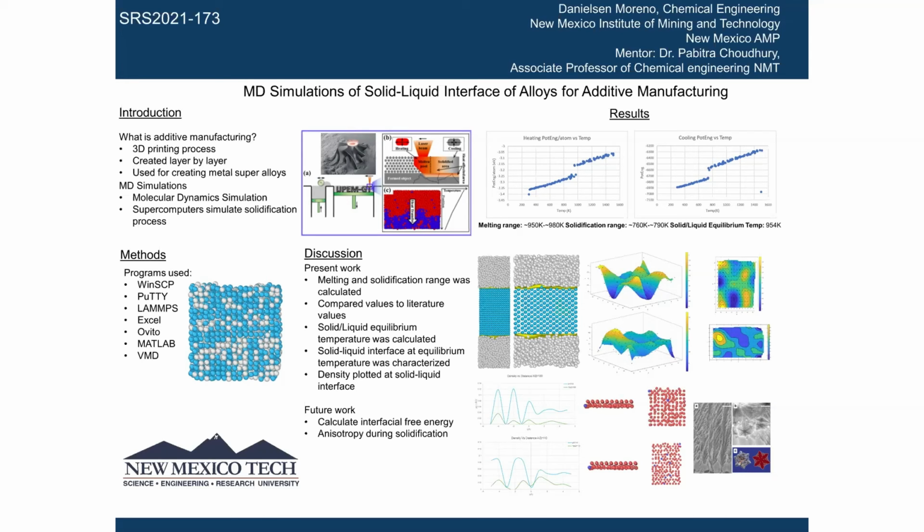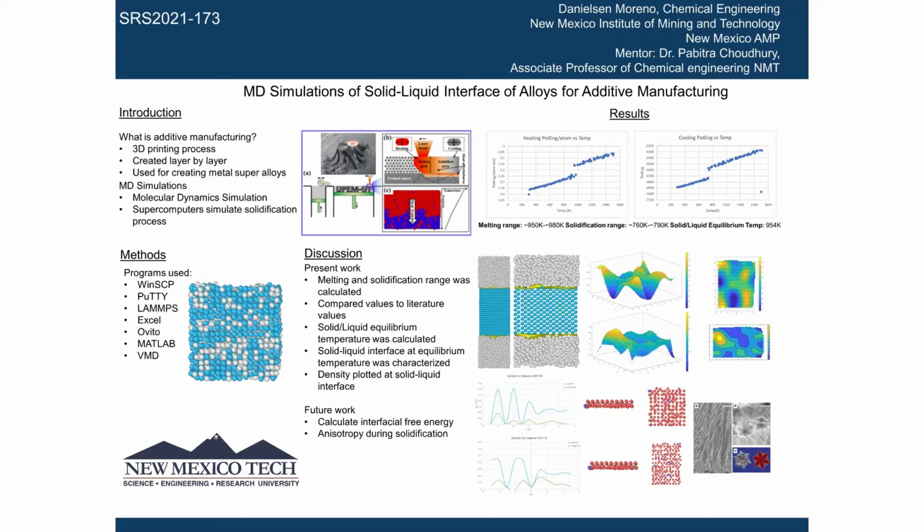And then once I found that temperature where it can exist in solid and liquid phase, I was able to graph the solid liquid interface, which is shown with the contour maps in the middle right-hand side of the screen.